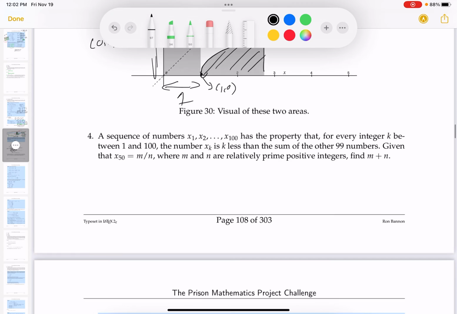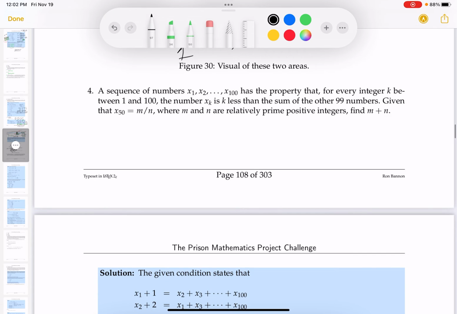Again, some of you may prove me wrong, but I think it would be a difficult problem to do. All right, this one over here, 4, it says a sequence of numbers, x1, x2, up to x100, has a property that for every integer k between 1 and 100, the number xk is k less than the sum of the other 99 numbers. So let me write this down for you. x1 plus x2 plus x3 plus yada, yada, yada, all the way up to x100.